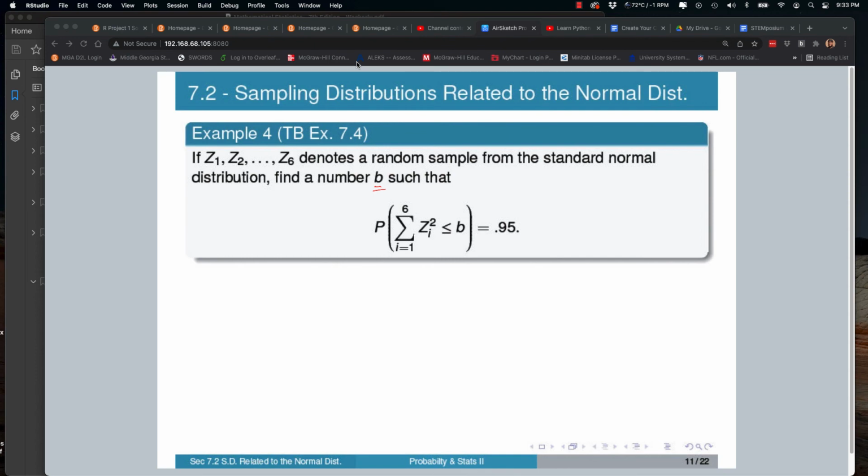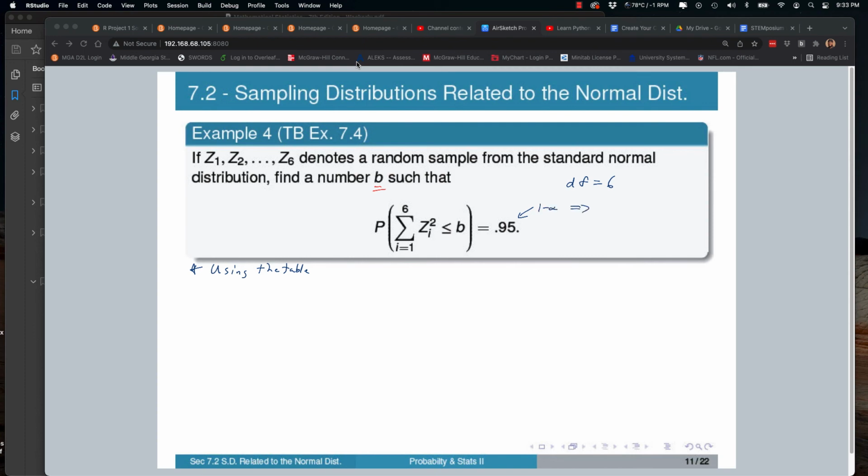We don't really need to write much out here at the beginning because it's kind of set up for us. But using the table, I know a little bit of information. I know that the degrees of freedom are equal to 6 here. I also know that this is 1 minus alpha.